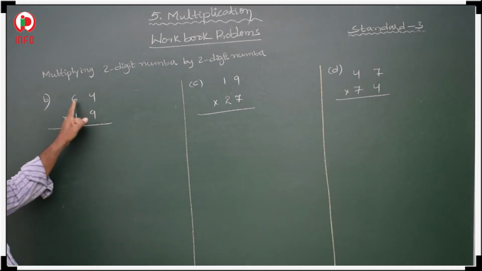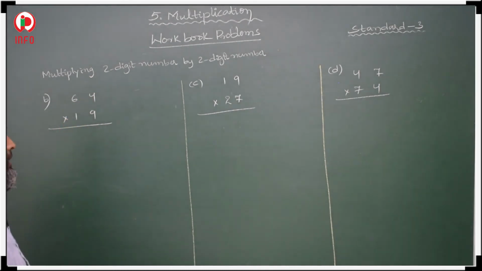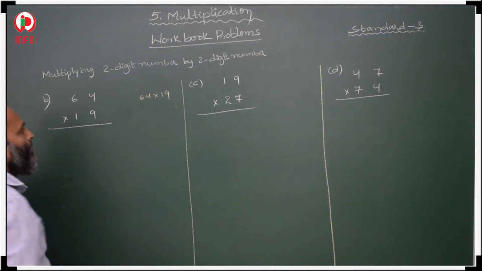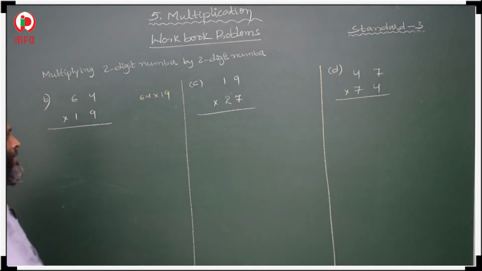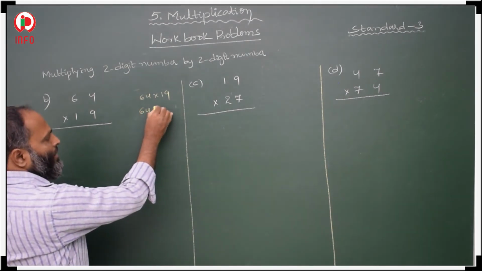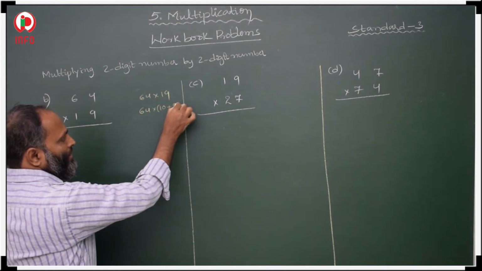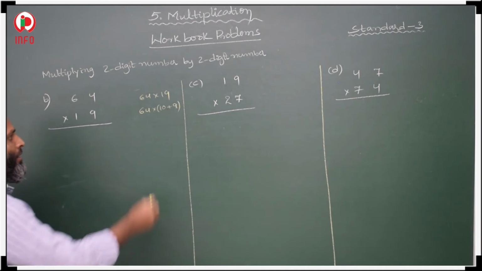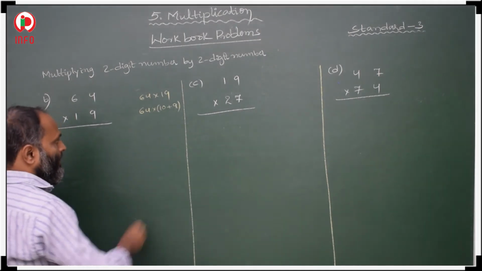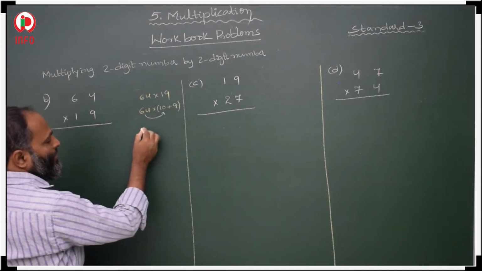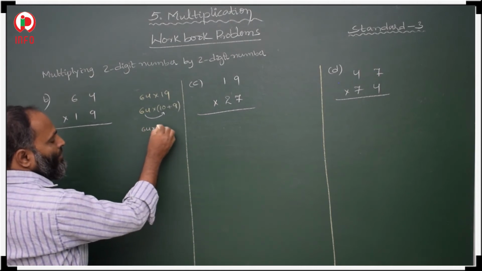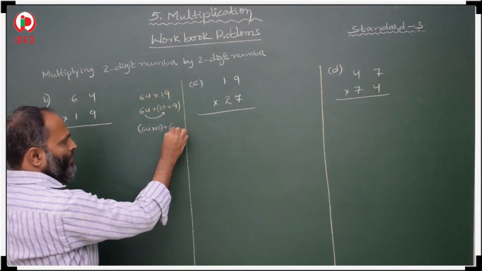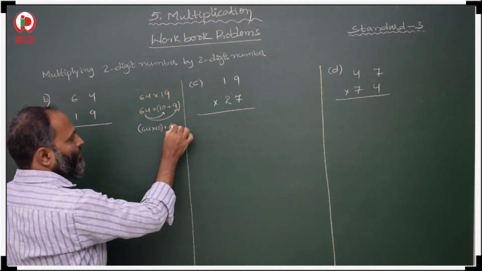Here 64 with 19. See here, 64 into 19. 19 means 10 ones plus 9 ones. According to our distributive property, 64 is multiplied by 10 and plus 64 is multiplied by 9.